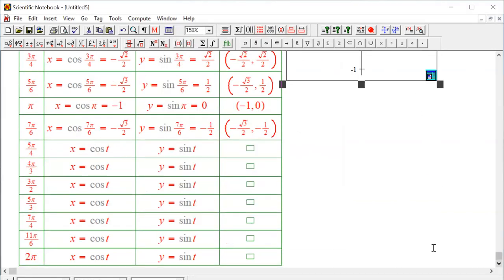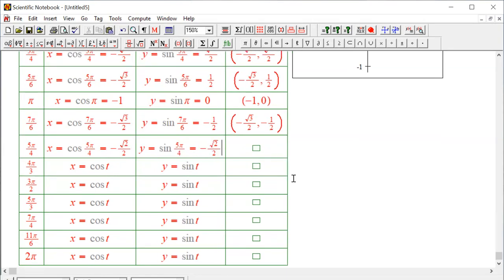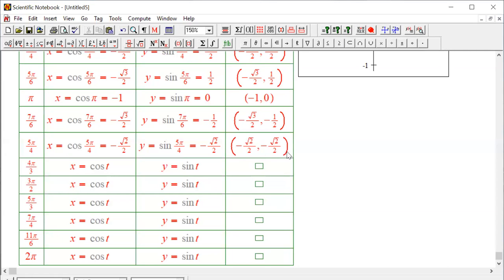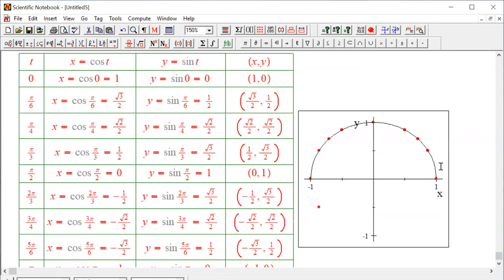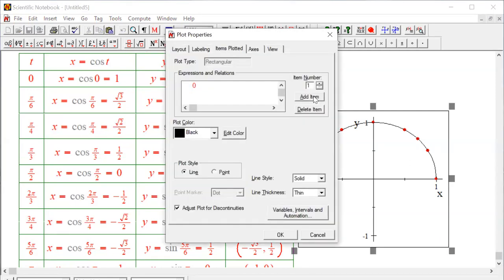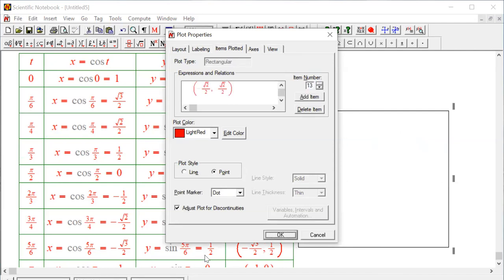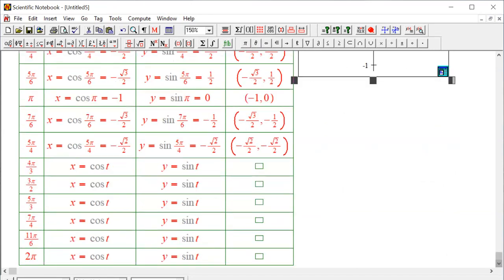One by one, we have a very good review of these special values. 5 pi over 4: these are the cases where you get -√2 over 2 for both. So I'm going to plot this point in the graph. It takes a lot of patience. We're doing it.